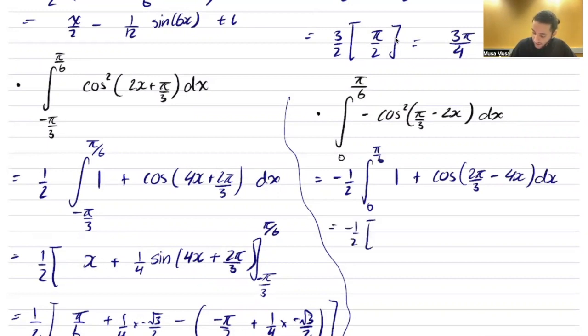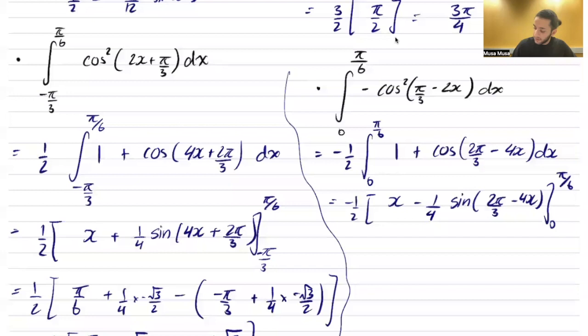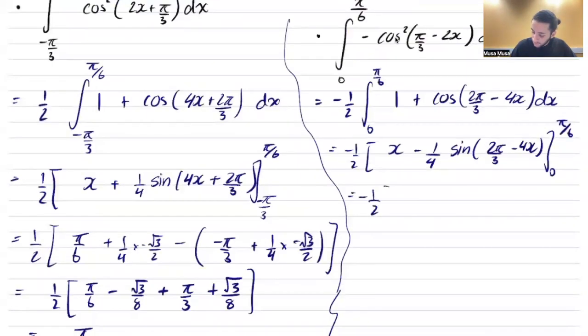Integrating this, we get x minus 1 on 4 sine of 2 pi minus 4x, 0 to pi on 6. And subbing in, we get pi on 6 there, minus a quarter. Let's see how our mental maths goes with this one. 4 pi on 6 is the same as 2 pi on 3. 2 pi on 3 minus 2 pi on 3 is 0. Sine of 0 is 0. So this goes away.